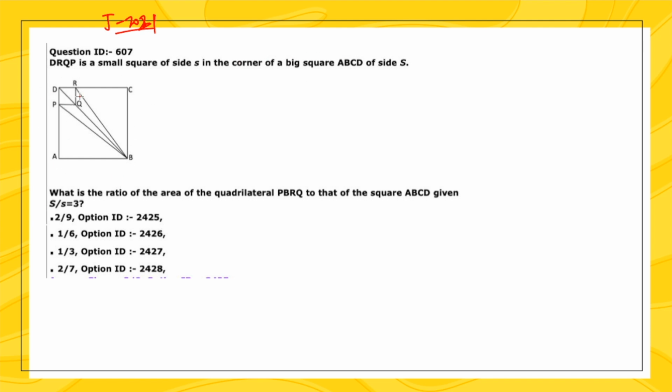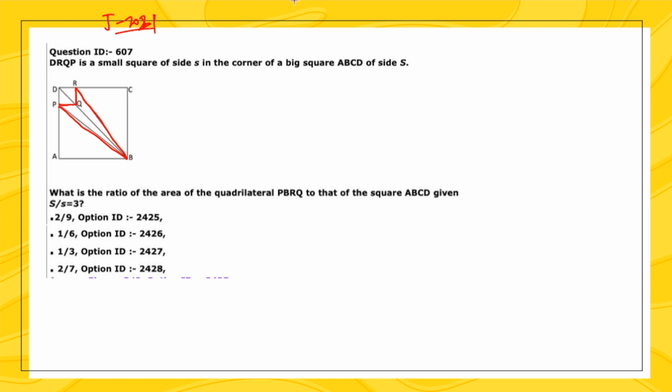The side of the big square is capital S. What is the ratio of the area of quadrilateral PBRQ, the quadrilateral made by these four lines, to that of the square ABCD, given that capital S upon small s is 3 units? Now there is no direct formula to calculate the area of a quadrilateral.